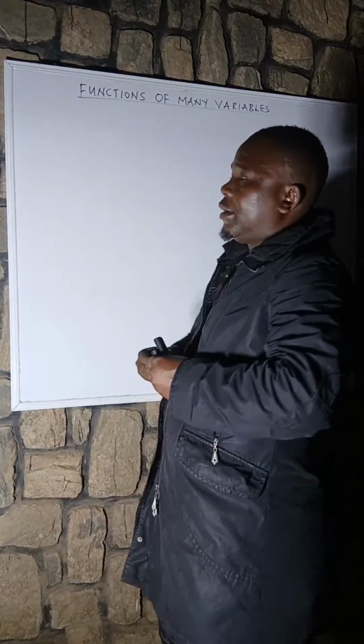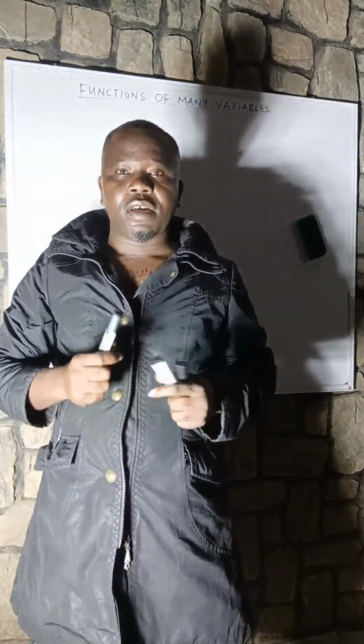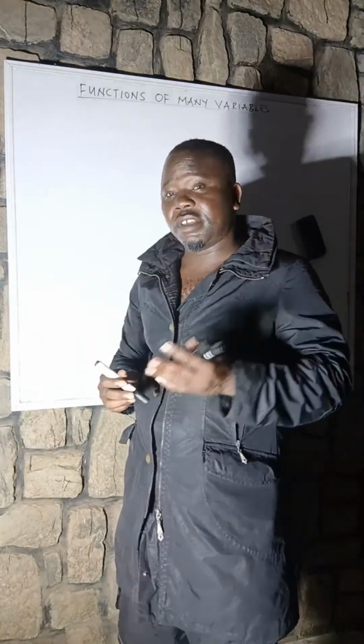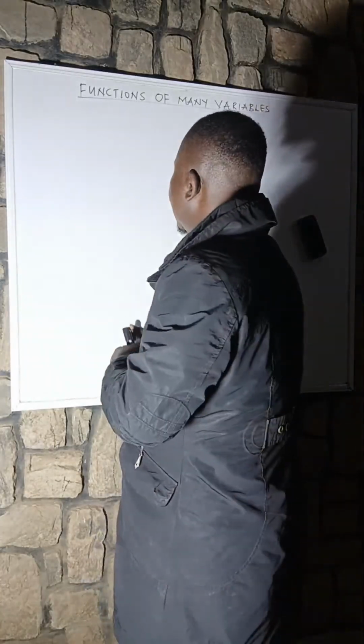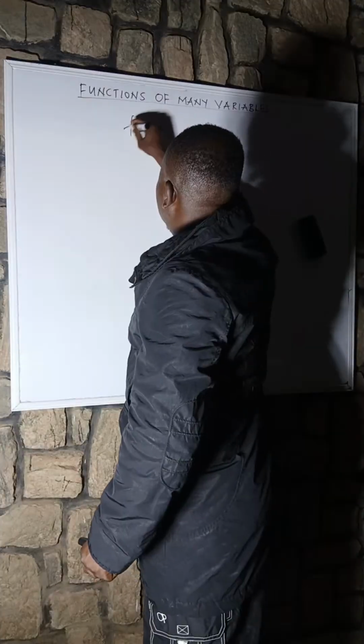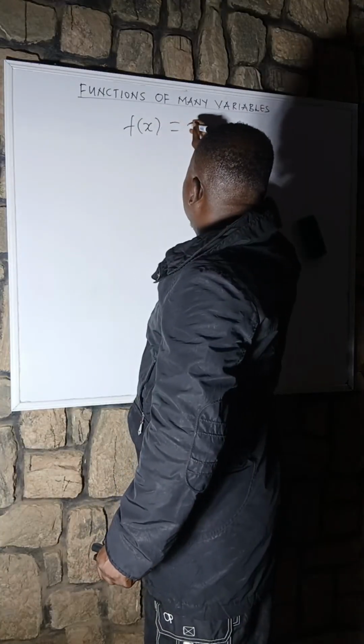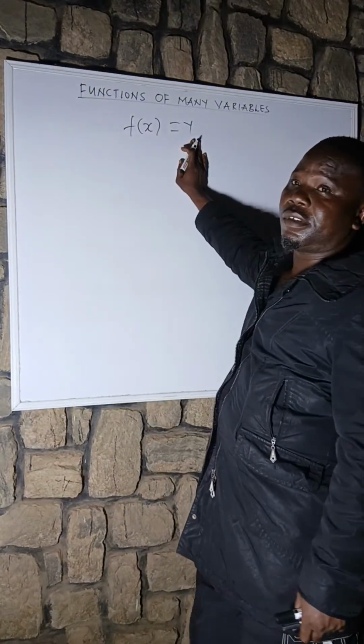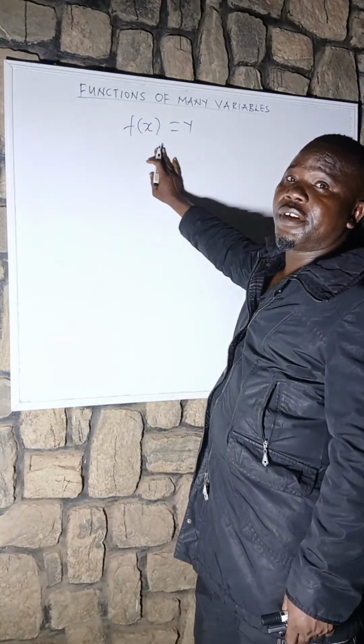When we say functions of many variables, let's first consider functions of one variable. When you have a function f of x equals y, this is a function of what? One variable.